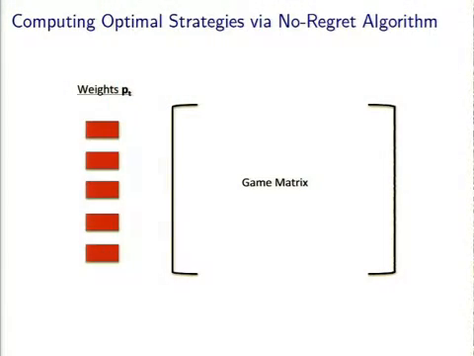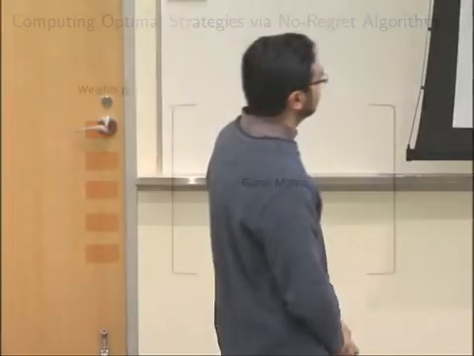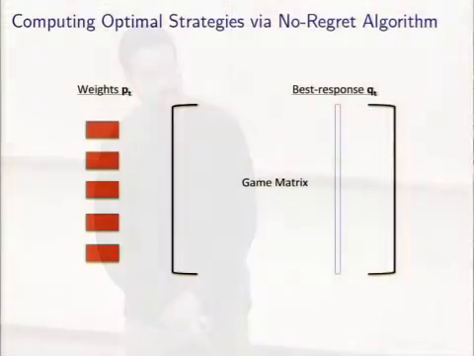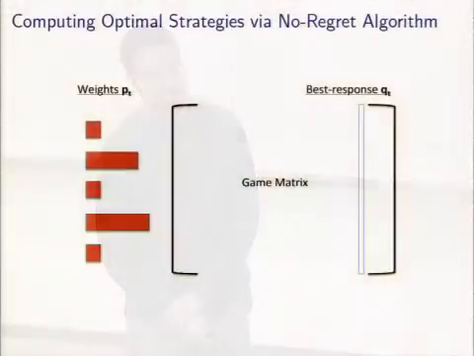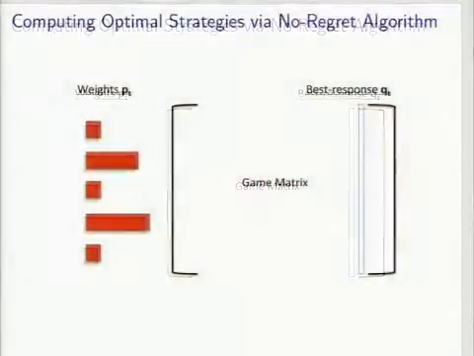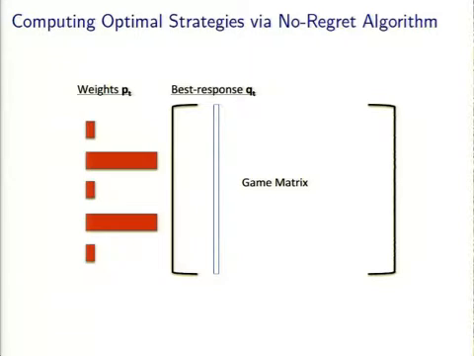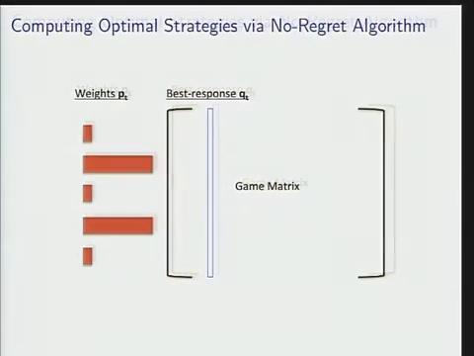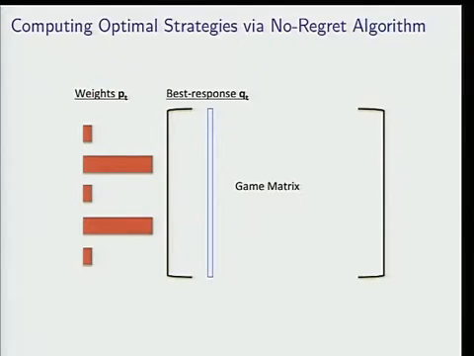So maybe just to help understand what this algorithm is doing, let me try to visualize how it would work against a standard game matrix. You initialize the weights on all the rows, which is what this is supposed to represent. And as the algorithm proceeds, it keeps generating these best responses for each weighting of the rows. More and more weight is being put on some rows.